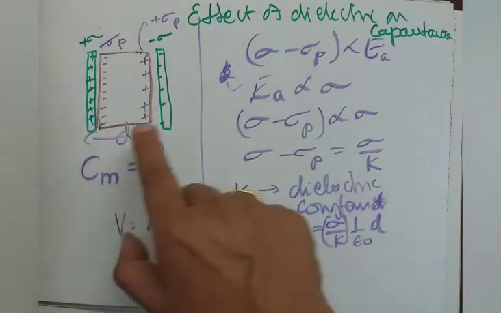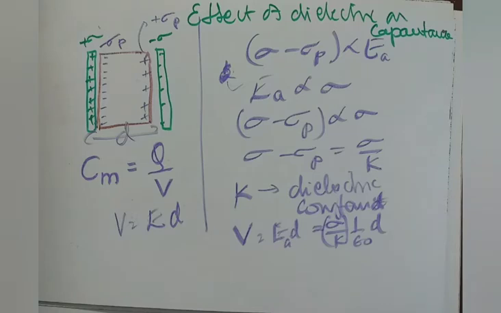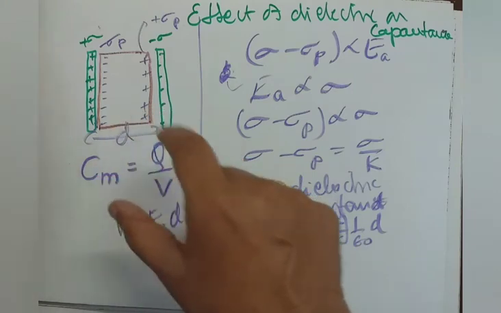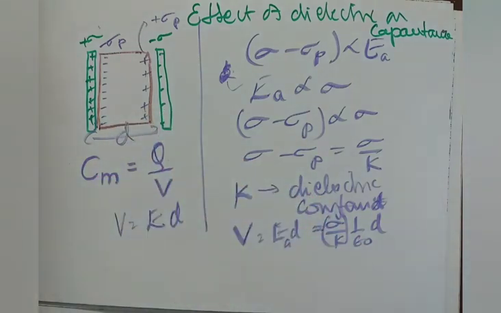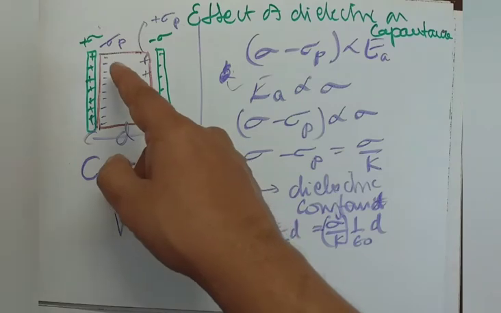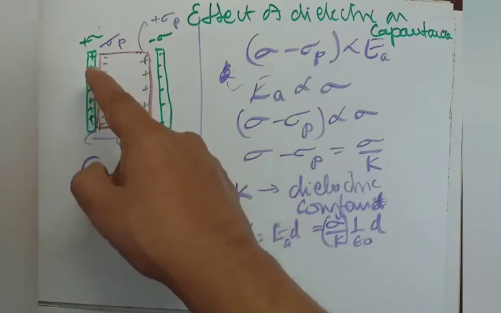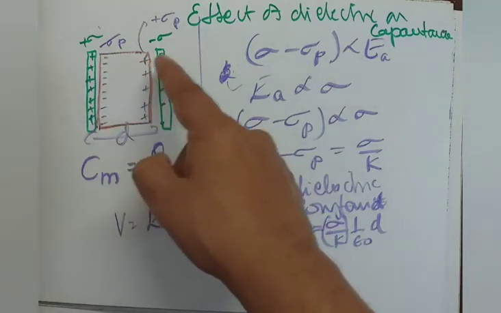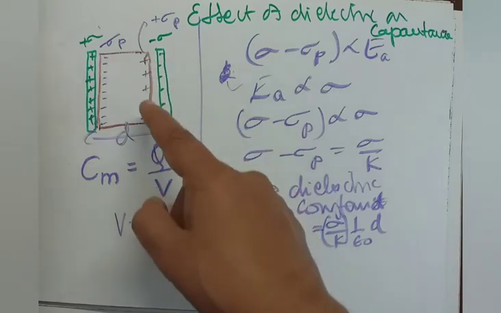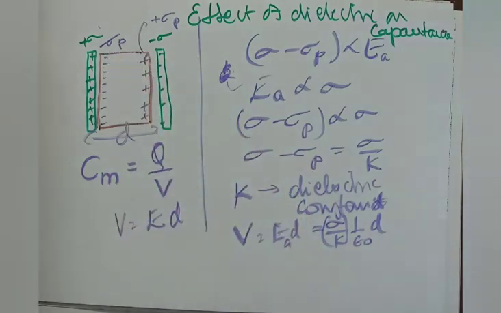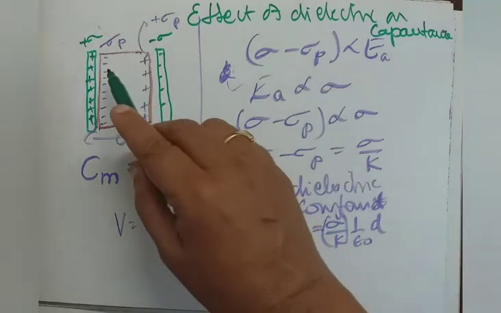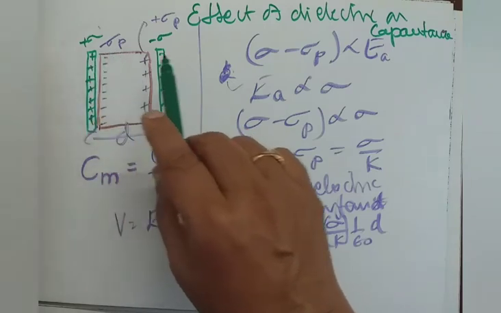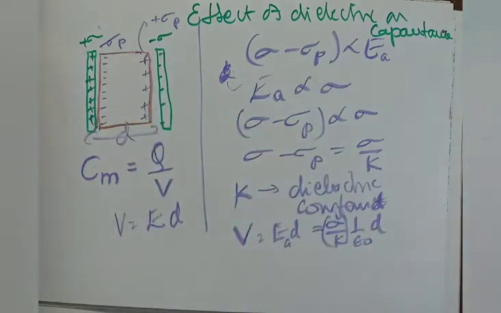Just observe: we considered two parallel plates with charge density plus sigma and minus sigma, and we introduced a dielectric of thickness d, which is also equal to the separation between the plates. Due to the dielectric polarization, the surface of the dielectric nearer to the plus sigma plate is negatively charged, and the surface of the dielectric near the negative plate is positively charged. Let sigma p be the charge density on the surface of the dielectric on both sides: minus sigma p nearer to the positive plate, plus sigma p nearer to the negative.